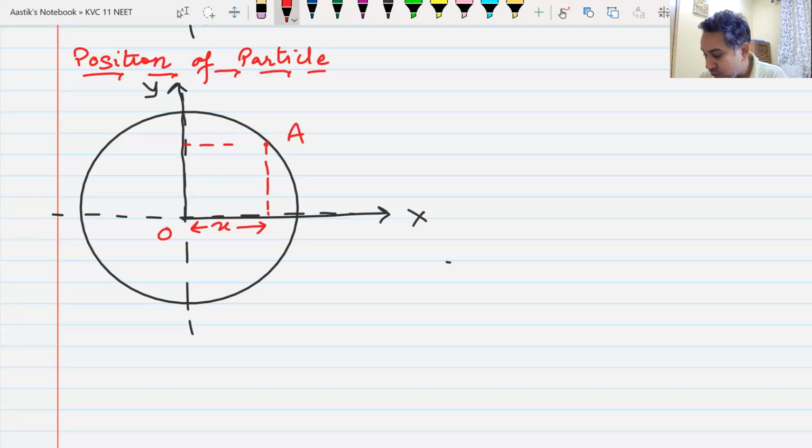I can tell you its y coordinate. So this is the way I can tell you where this particle is. I can draw a vector also connecting this point O to A. I can call it the position vector of the particle. This is one way of telling you what is the position of this particle in terms of X and Y.